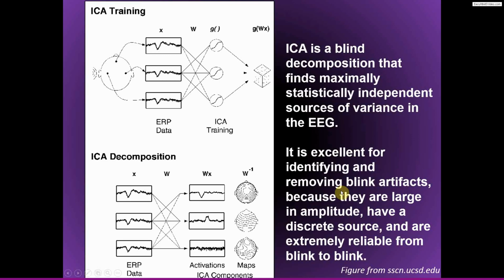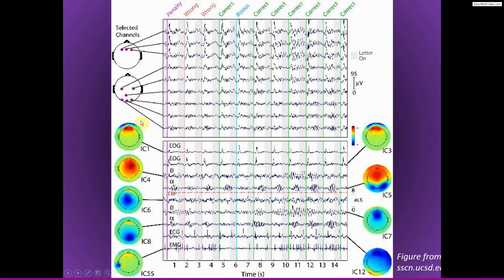Here's another picture, I think taken from the EEGLAB website, as is this one. So this is another picture illustrating what you get from ICA. The result of the independent components analysis is a set of weights for all the electrodes. And the idea is that the weighted sum of all the electrode activity is some independent source.